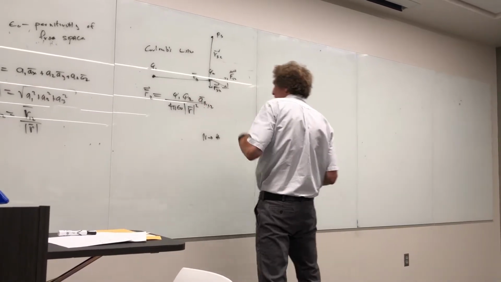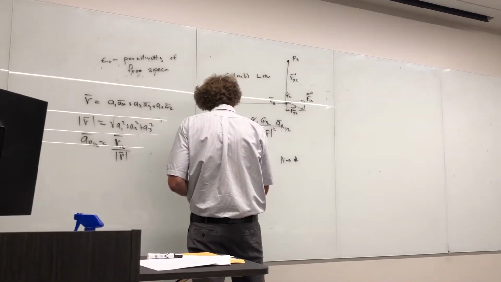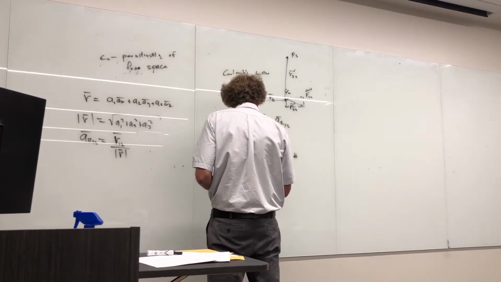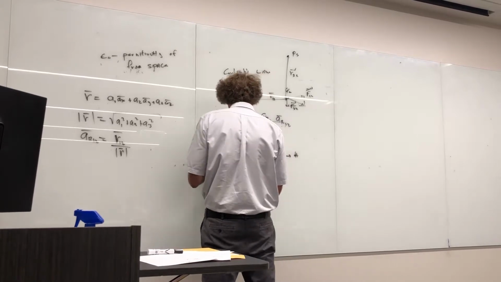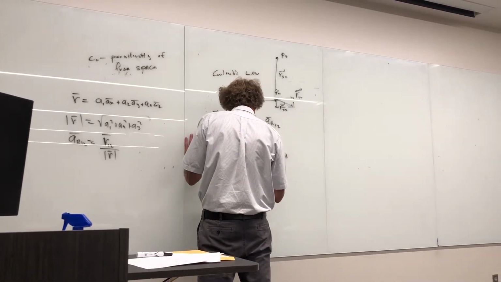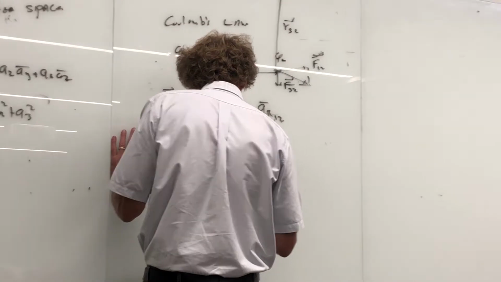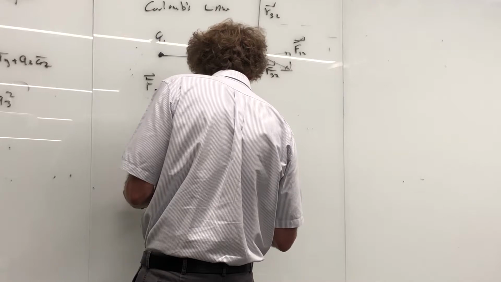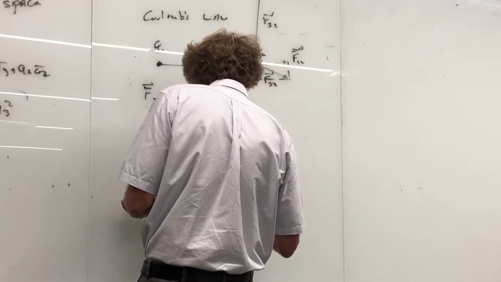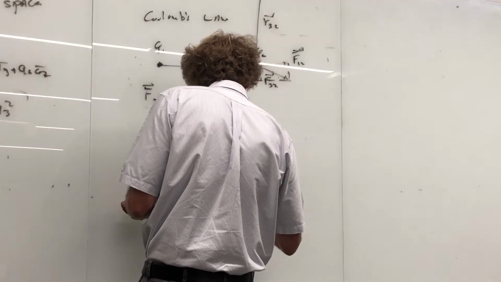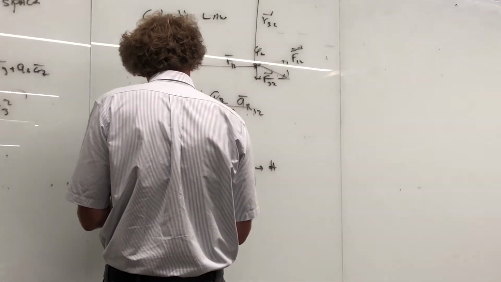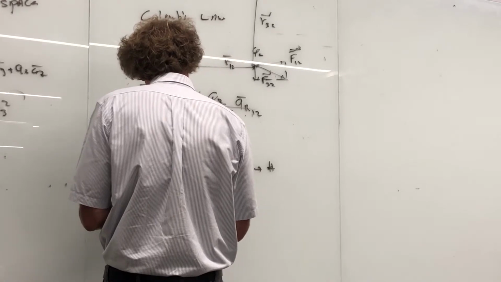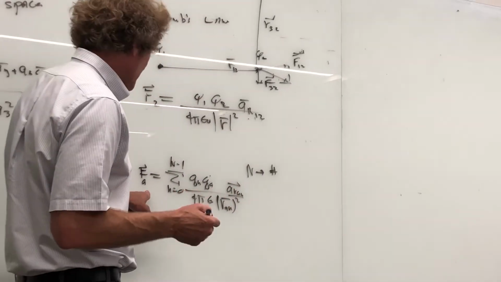Instead of saying that, in general, when we want the force on a particle or force on an object, it's equal to the sum of Qn times Q, call it QA, over 4 pi epsilon naught, and then it's going to be the magnitude of R A to N squared times AR, A to N, the unit vector in that direction, and doing the sum over N equals, say, 0 to N minus 1, where N minus 1 charges are outside the original charge.